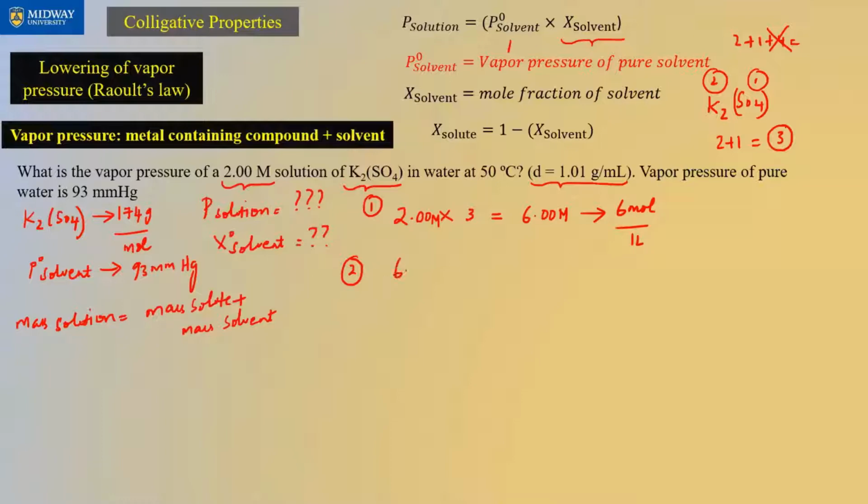So take this 6 moles and multiply by the molar mass of the substance to figure out how much mass that corresponds to. That's 174 grams over 1 mole, so 6 times 174 is 1,044 grams.